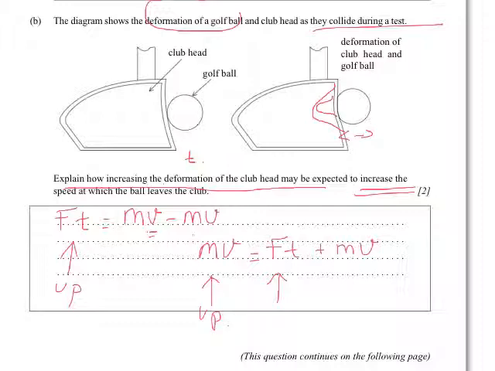So, explain how increasing the deformation of the club head may be expected to increase the speed. By increasing the deformation, we are increasing the time, which increases the impulse, so therefore makes the change of momentum bigger, and therefore increases that velocity.